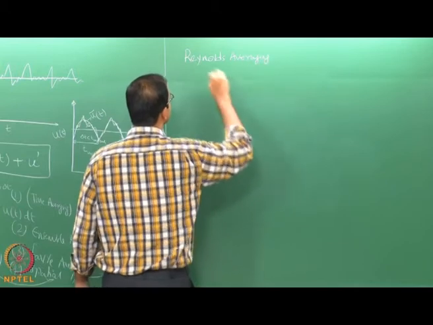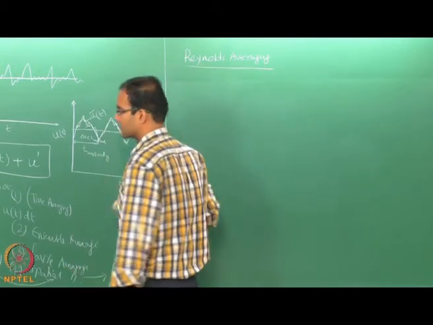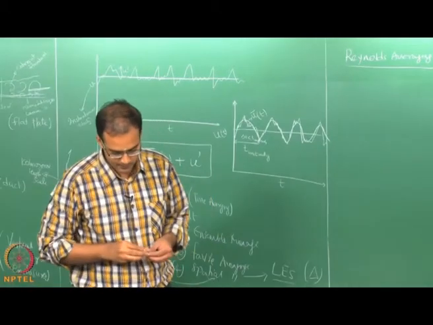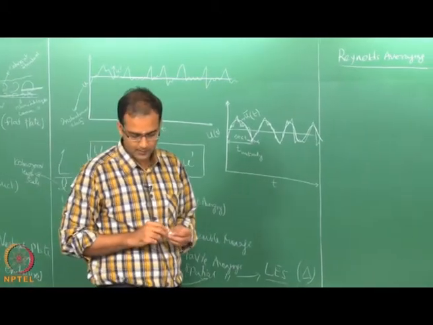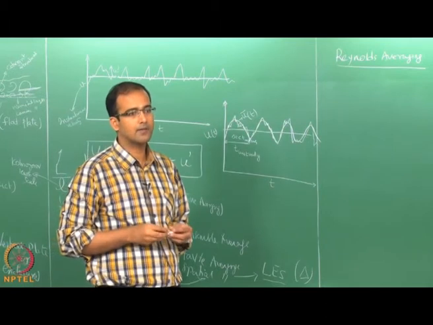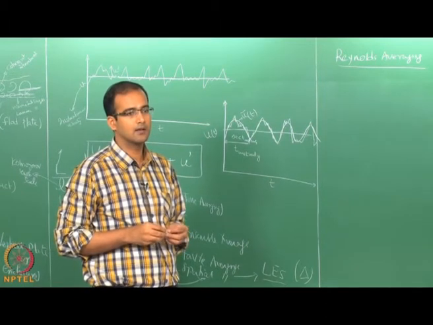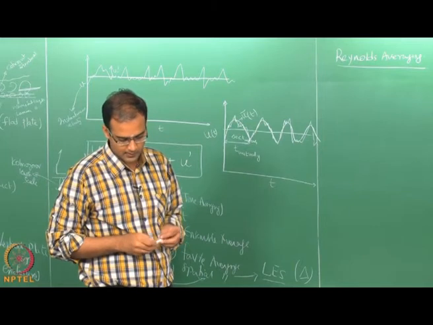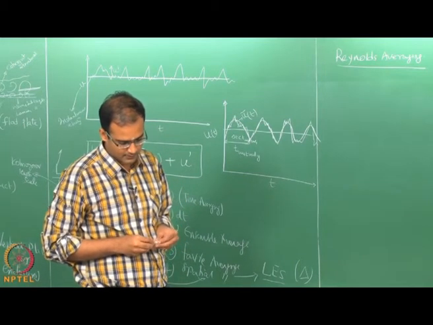So, I think what we will do is spend the next lectures only discussing the practical method, which is deriving the Reynolds averaged Navier-Stokes equation, and then how do we find simple solutions to the Reynolds averaged Navier-Stokes equations.